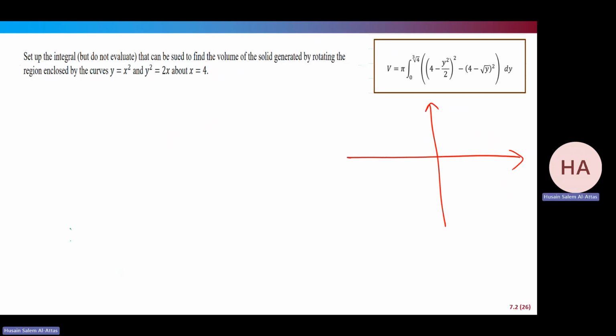This is y equal x squared, and this is the other parabola, which is this one. They know the point of intersection, and they want it about x equal 4. This is x equal 4, somewhere here.